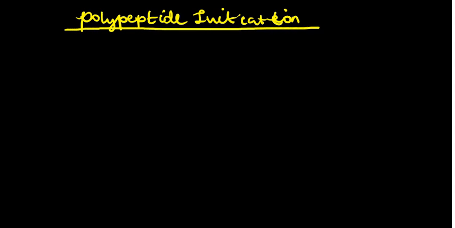So under initiation, this is the starting point of translation. What you note is the tRNA with the anticodon that we've been talking about. This is our tRNA, this is our anticodon.